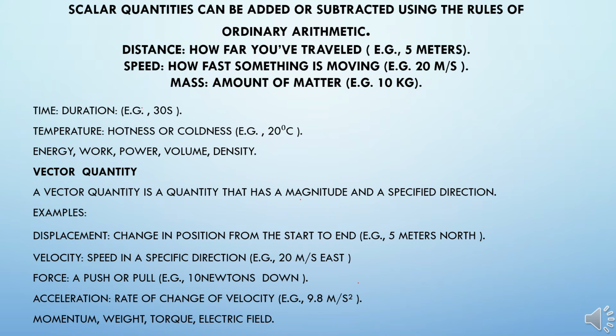Now, temperature has SI unit of Kelvin. But other assigned units are also degrees Celsius, Fahrenheit. We have other examples of scalar quantities to be energy, work, power, volume, and density.